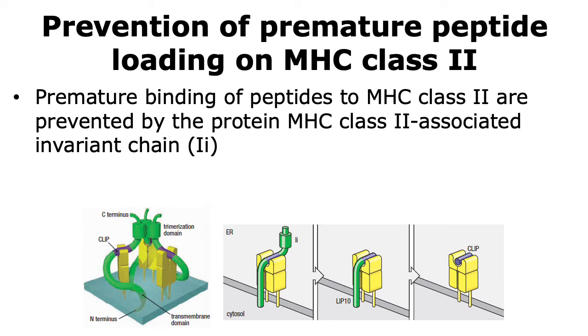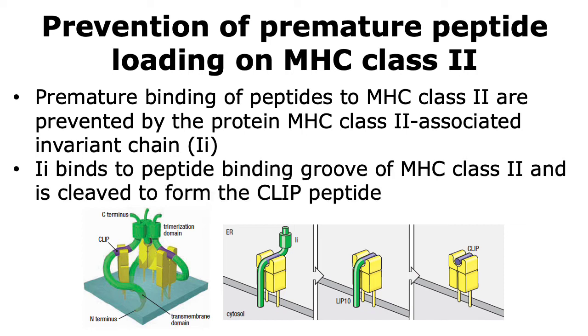It is important to note that when the MHC Class II is present in the endoplasmic reticulum, there are other types of peptides that are present there, and hence the premature binding of these peptides onto the MHC Class II molecule has to be prevented. This is done through the actions of a protein called the MHC Class II associated invariant chain that is also called Ii.